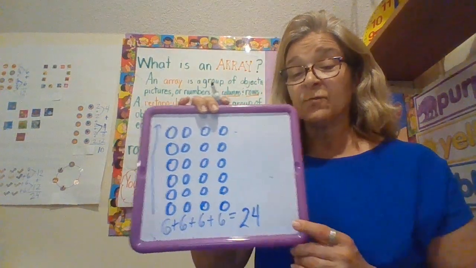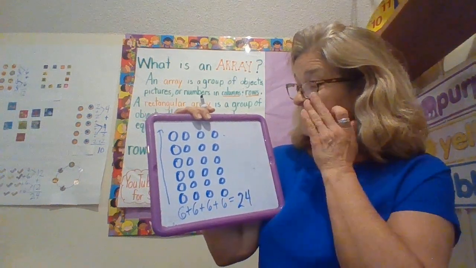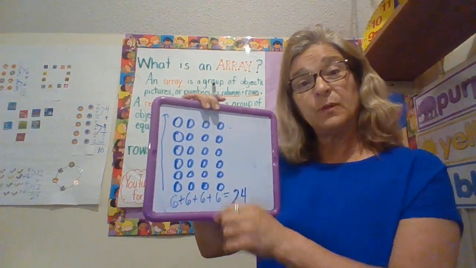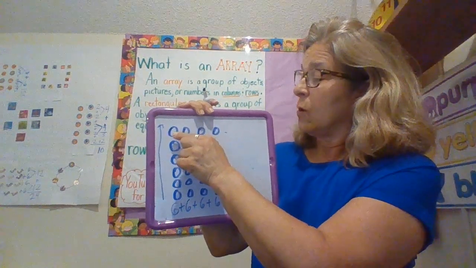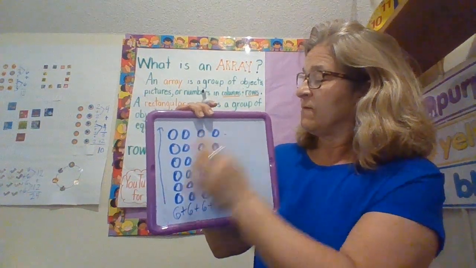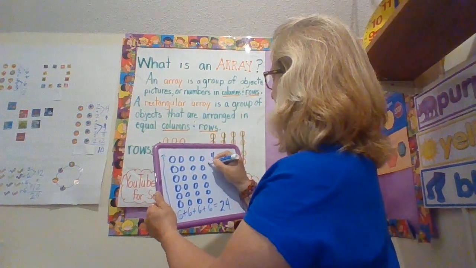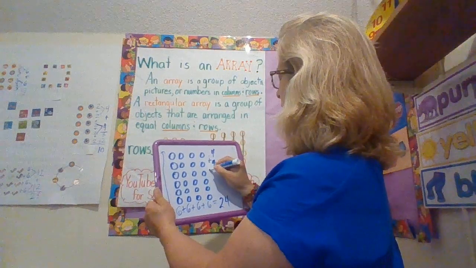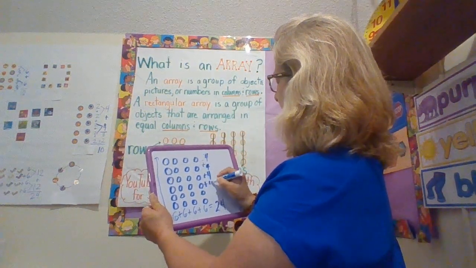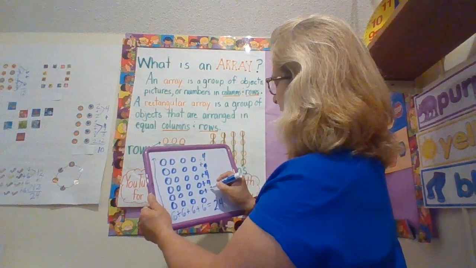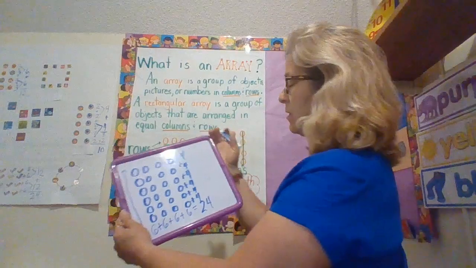And this is a rectangular array that shows 6 plus 6 plus 6 plus 6 when you look at the columns. But when you look at the rows, let's see how many are in each row. 1, 2, 3, 4. So we have 4 plus 4 more plus 4 more plus 4 more plus 4 more plus 4 more.